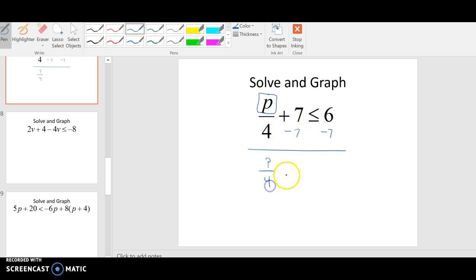So it ends up giving me p over 4 is less than or equal to 6 minus 7 is -1. Now I'm going to go ahead and I get rid of any denominator by multiplying by 4. Since I multiply by a positive, I don't have to flip the inequality sign, and that will give me p is less than or equal to -4.